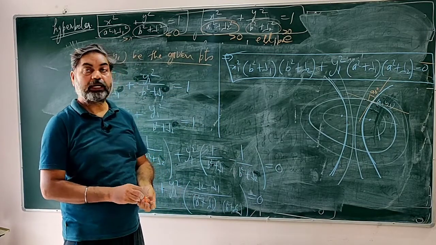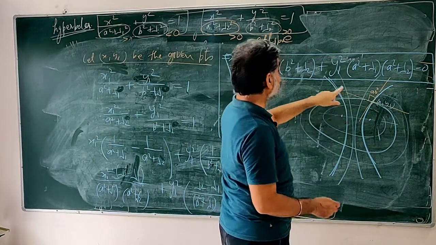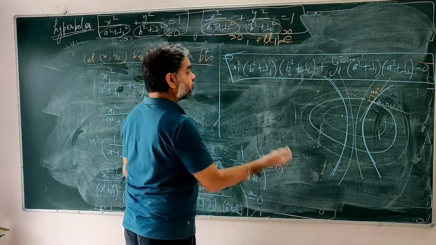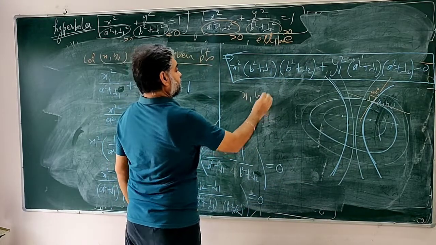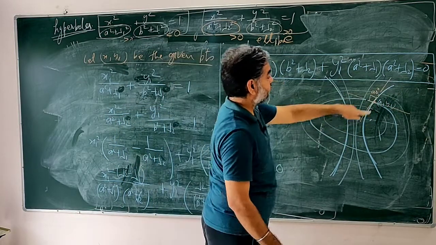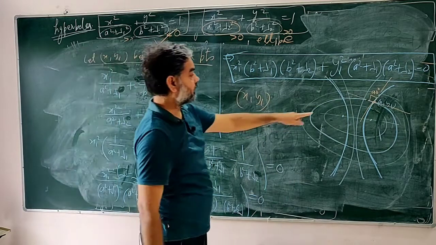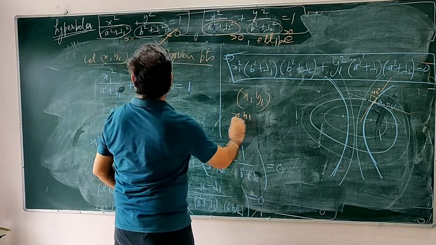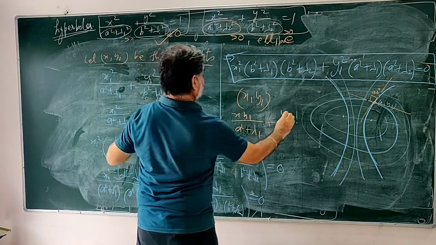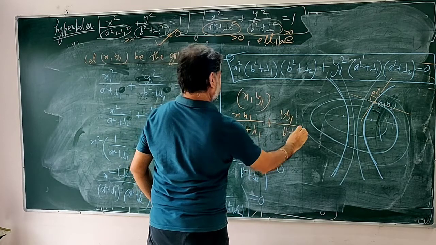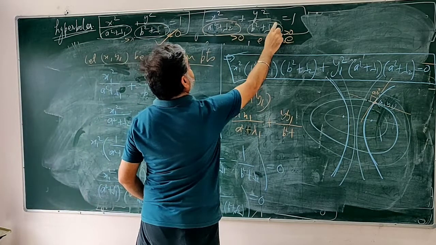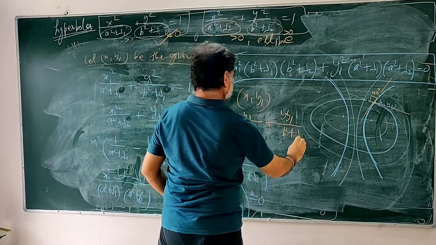Now we are going to show that this ellipse and hyperbola will cut each other orthogonally. How will we show that? The point is x1, y1. At this point you find the equation of the tangent to this conic. That equation would be x x1 over a square plus lambda 1 plus y y1 over b square plus lambda 1 equal to 1.